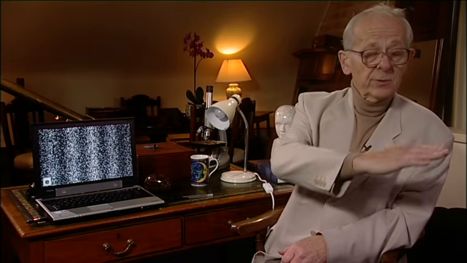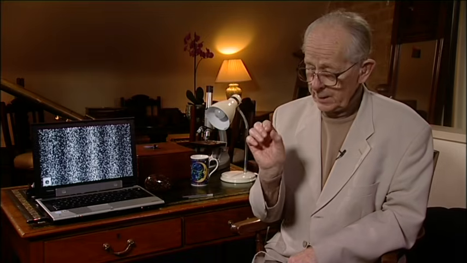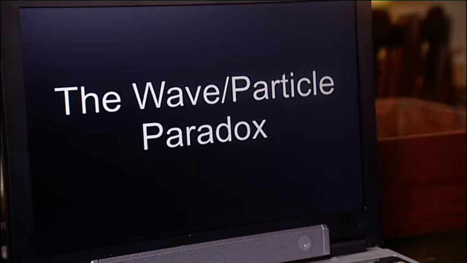So the crucial question becomes, how can something be both a wave, spread out over space with a succession of humps and troughs, and at the same time not spread out, a tiny localized point-like particle? This dilemma is known as the wave-particle paradox.